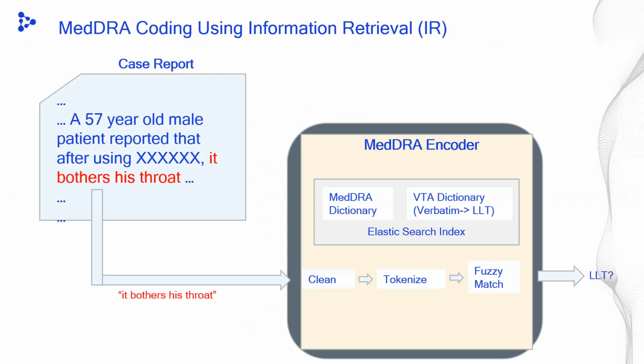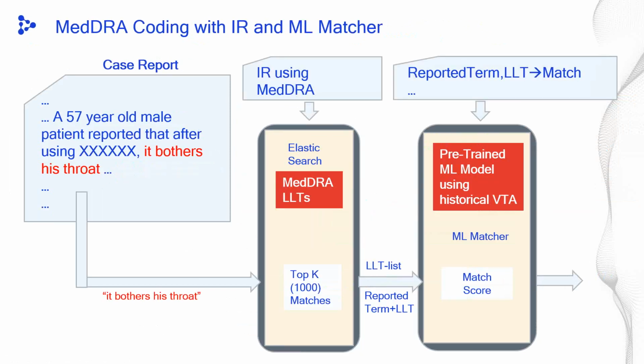There may be smarter approaches like fuzzy matching, to account for spelling errors also. And then the LLT is produced corresponding to the reported term. This generally does not bring the right LLTs for most of the cases I had put in, things like this, because they don't find a direct match at all, neither in MedDRA nor in the synonym list.